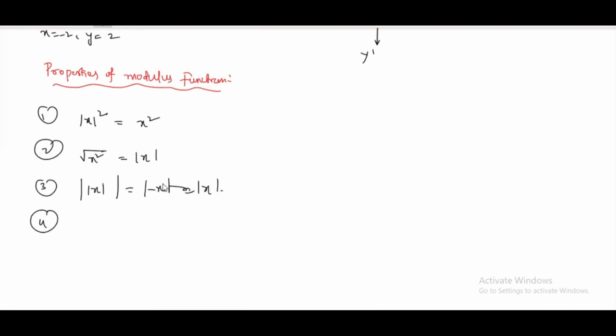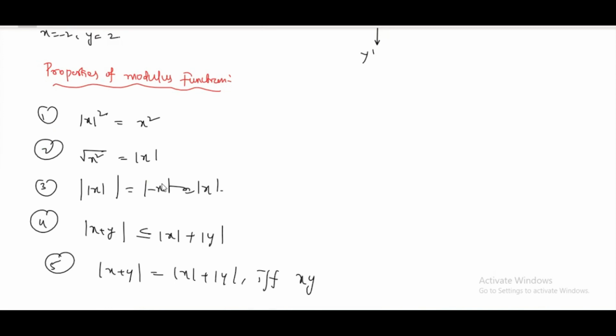Property number 4, we can write mod of x plus y is less than or equal to mod x plus mod y. The fifth one is mod of x plus y is equal to mod x plus mod y if x into y is greater than or equal to 0.